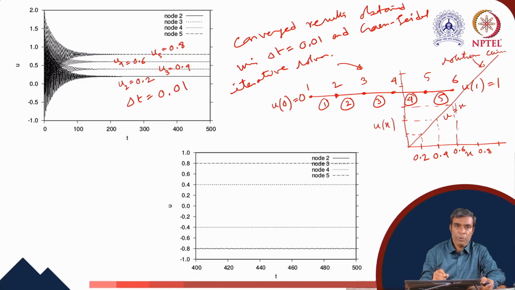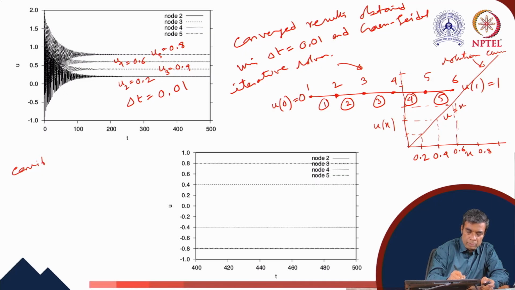Now, if we use homogeneous boundary conditions at both the boundaries, consider homogeneous EBC at both the boundaries.